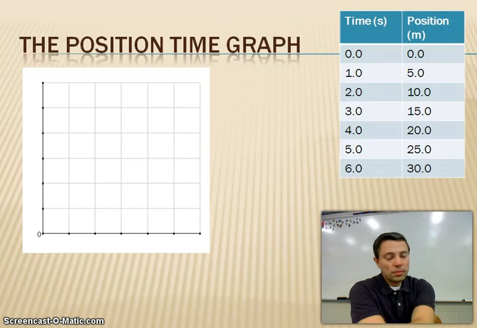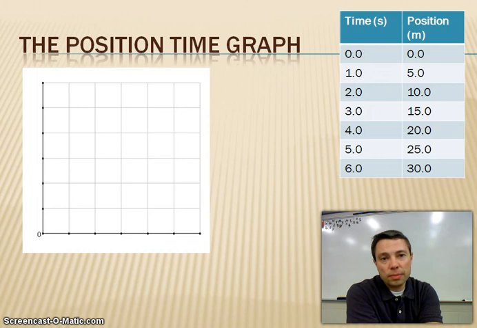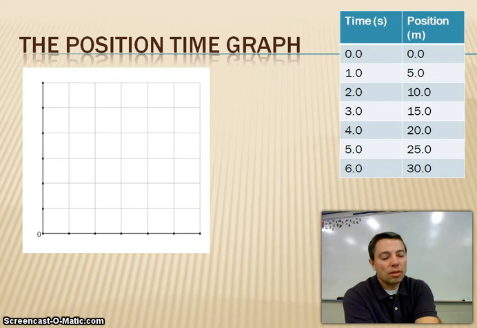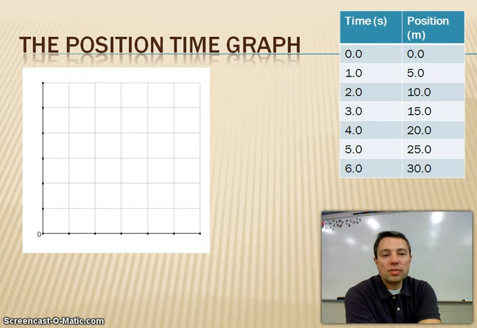All right, so now maybe we were out in the hallway and we wanted to collect some data. So we're gonna pick an origin, our frame of reference. And so we picked a spot on the floor and we said this is gonna be our 0 mark. So we're giving it an origin or a frame of reference. And then we're going to use a stopwatch and we're going to time ourselves as we're walking. So we start timing ourselves and we then pass various points.